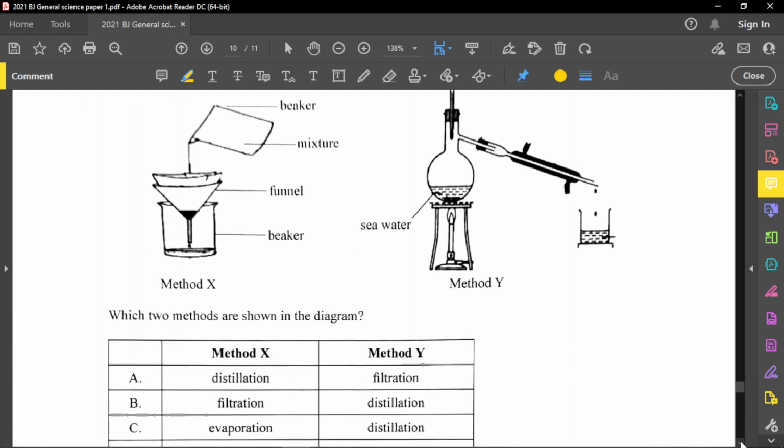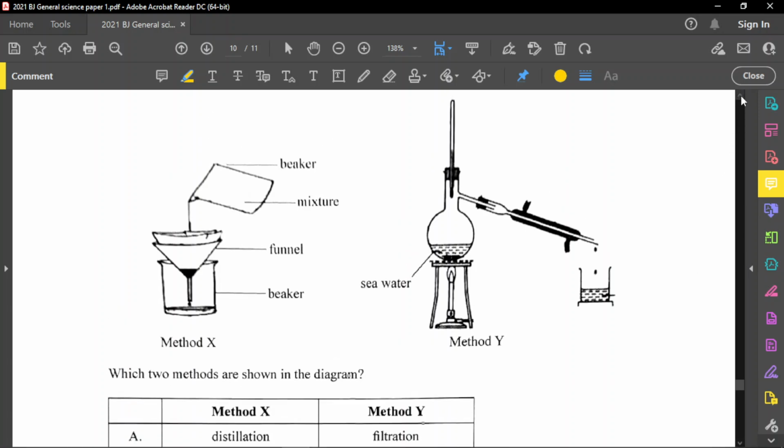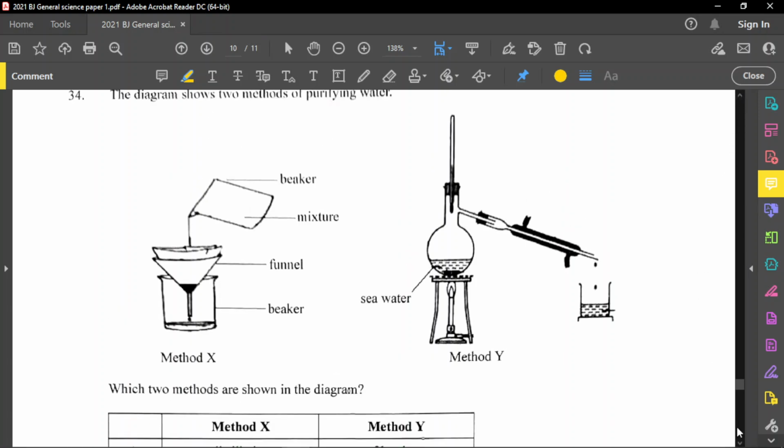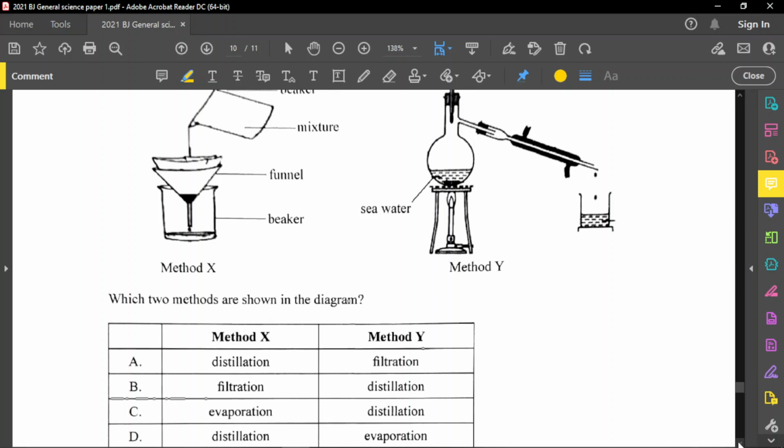The question asks which 2 methods are shown in the diagram. So method X is a filtration process, and method Y is a distillation, in fact, simple distillation. So right here, B is the winner for this, filtration and distillation.